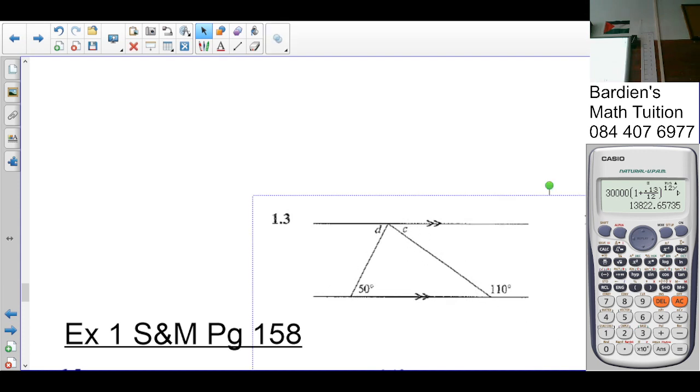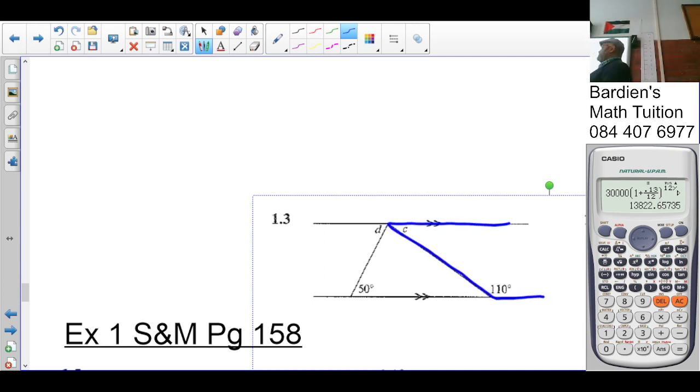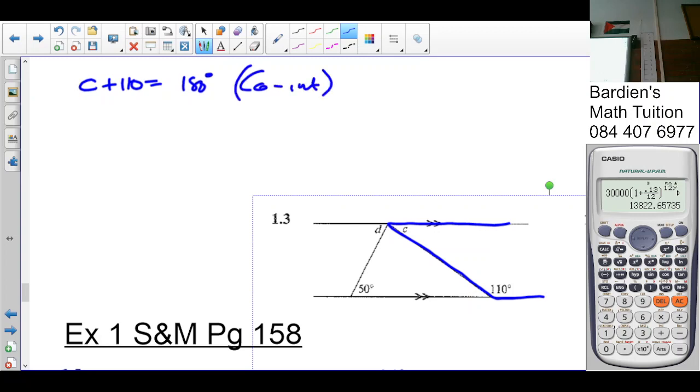C plus 110, yes? Why? So C plus 110 is equal to 180, co-interior angles. So C works out to be 180 minus 110, which is 70 degrees.